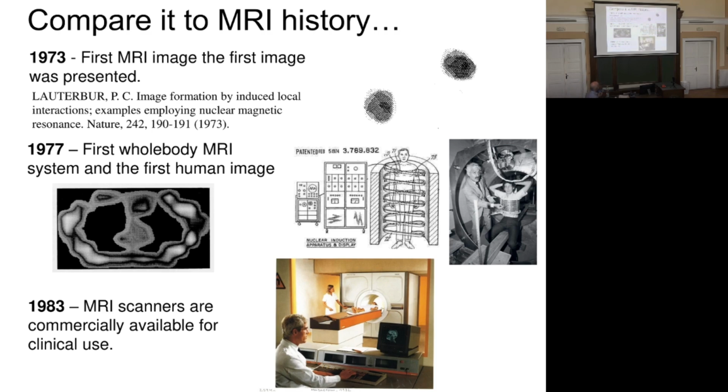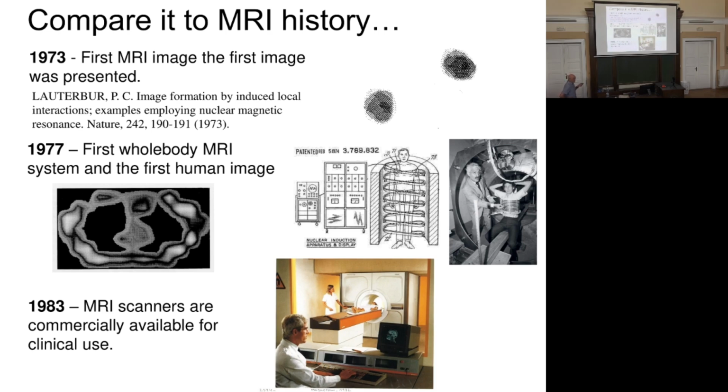And in 1983, MRI scanners were commercially available. This is the Siemens Magneton system. So it took 10 years from first image to commercially available clinical scanner. Even here, behind the Iron Curtain, the first imager was installed in 1987.